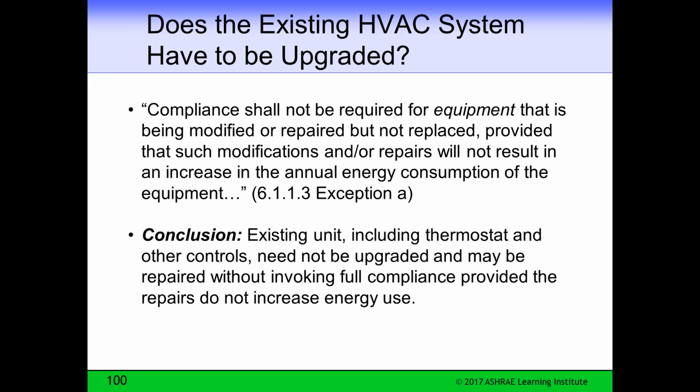Conclusion, existing unit, including thermostat and other controls, need not be upgraded and may be repaired without invoking full compliance, provided the repairs do not increase energy use. So notice that last part of the sentence, provided the repairs do not increase energy use. Remember, we are providing some air from that unit to the new office areas in the corridor, so that will increase energy use on that unit.